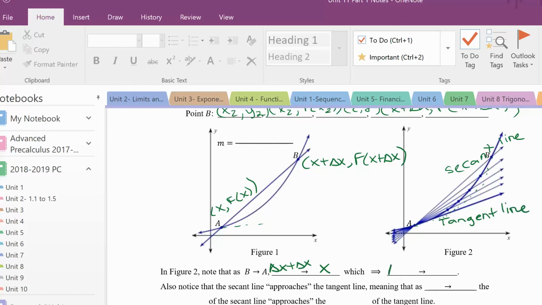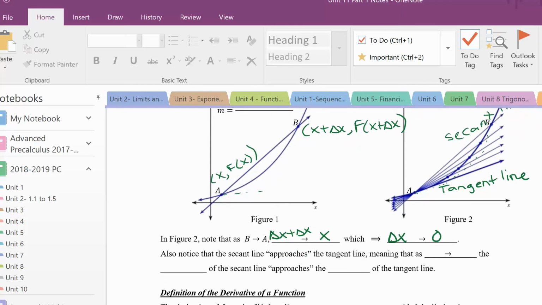So as delta x, the change in x, approaches 0, meaning as the secant line becomes closer to becoming a tangent line, notice that the secant line approaches the tangent line, meaning as the change in x approaches 0, the slope of the secant line approaches the slope of the tangent line, meaning they become one and the same almost.